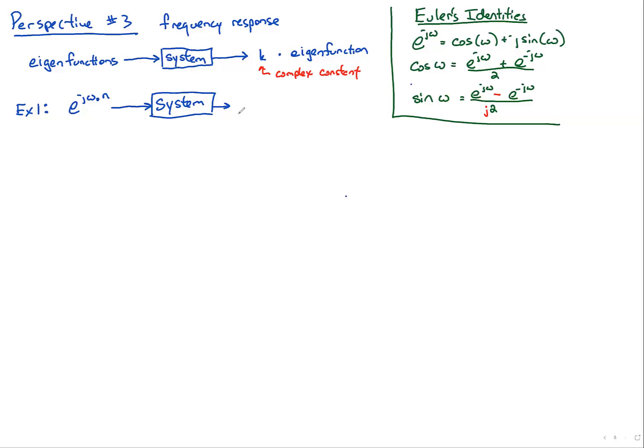And so what we're going to get out from this are two separate things. We're going to get this k, this complex number, multiplied by our eigenfunction. And our k is, bizarrely enough, our system transfer function, and we're going to evaluate it at omega naught. So this is not a complex waveform that's varying in time.